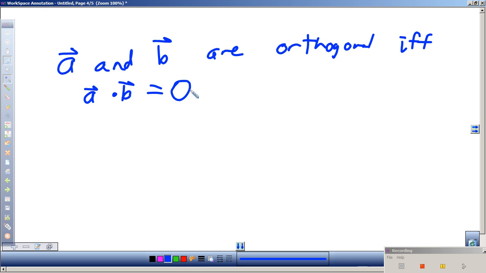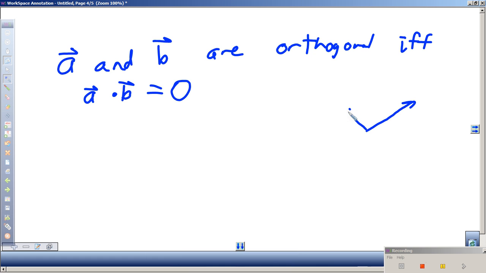What does orthogonal mean? Have you seen the term before? Okay. Orthogonal means they are at right angles.